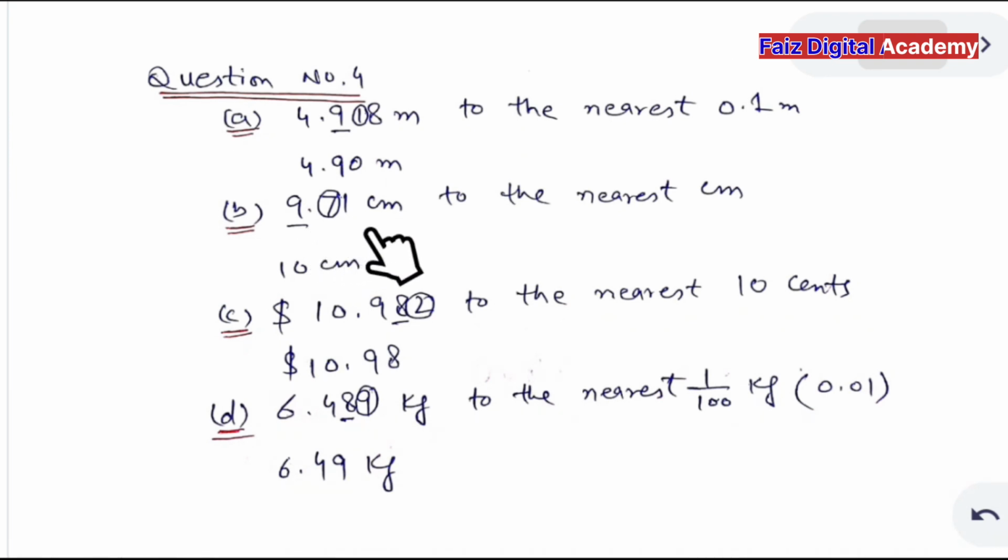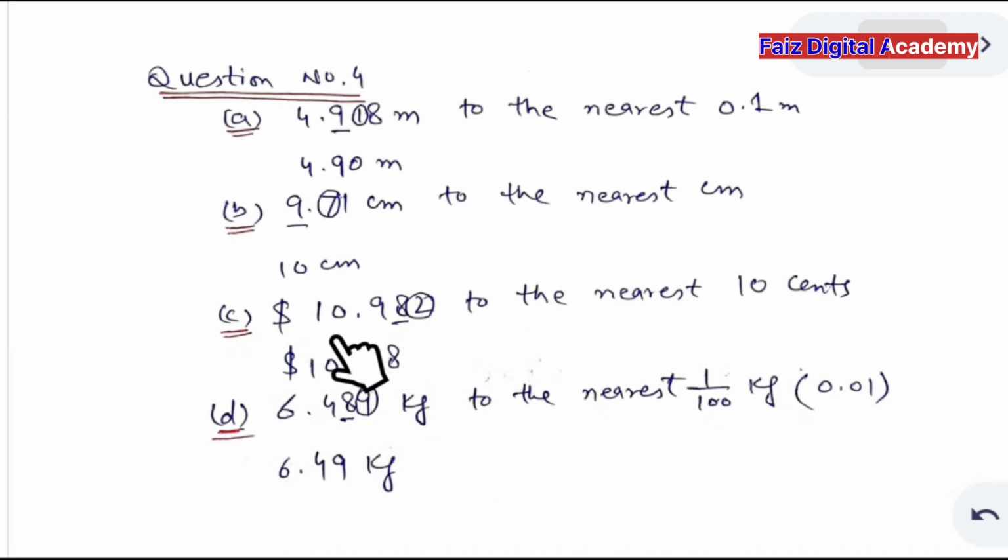In the B part we have to approximate it to the nearest centimeter. Centimeter means the whole number, so 9.7, 7 is greater than 5, so 1 is added to the 9 and it becomes 10 centimeter.